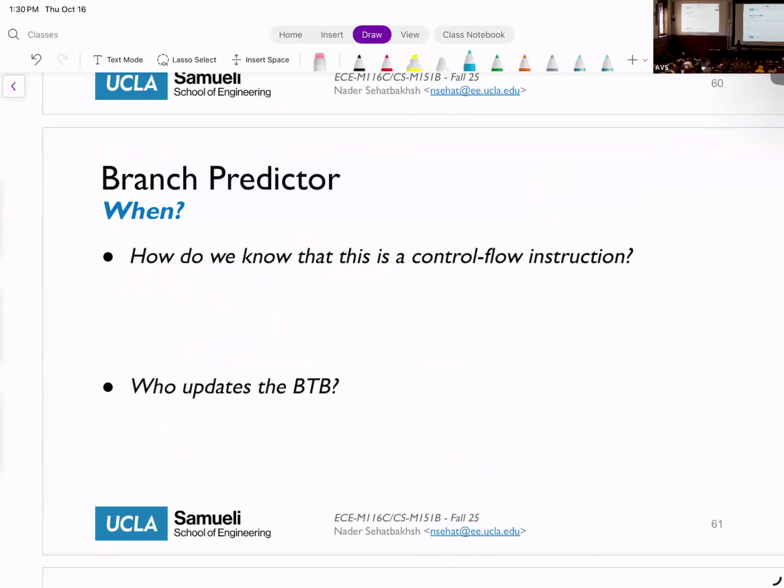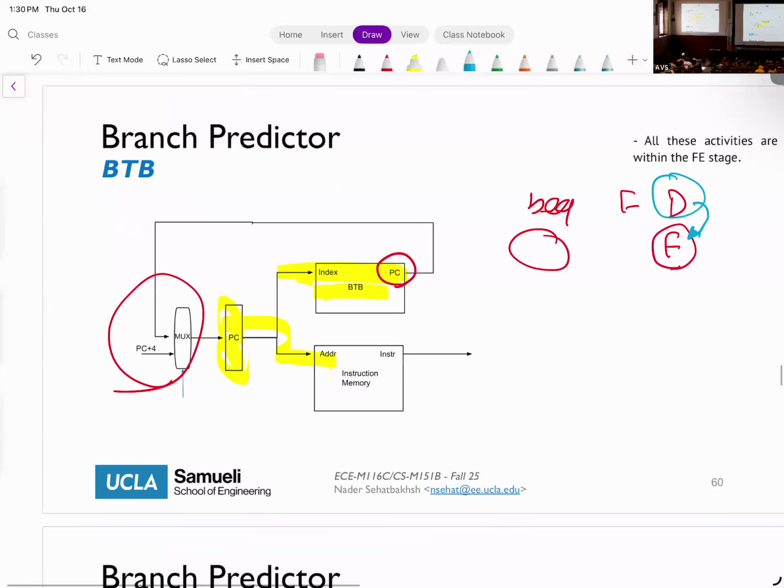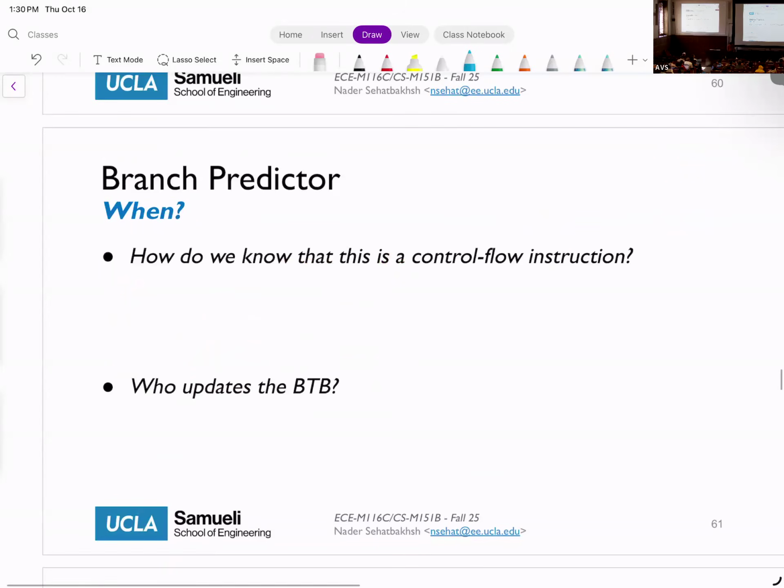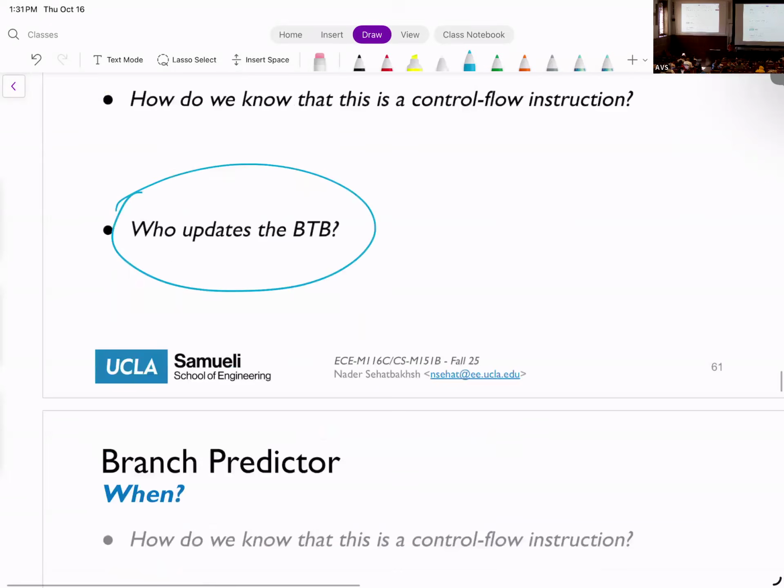So two questions. How do we know that this is a control flow instruction, right? How do we know that I need to take this branch? Because I only take this if the previous instruction is a branch equal instruction. And the second thing is who updates the BTB? Who actually puts things in the BTB? What is the mechanism by which that target address is known and how we update the BTB?